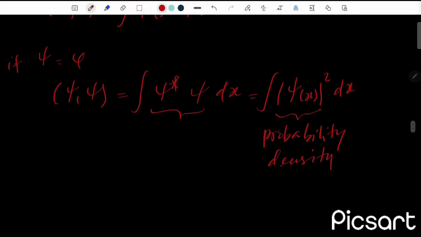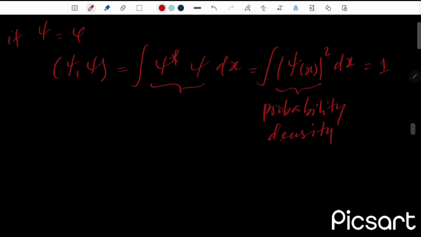And we know that if this represents the probability density, the integral must be equal to 1. And we call this the normalization condition.